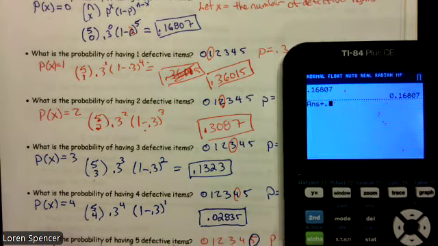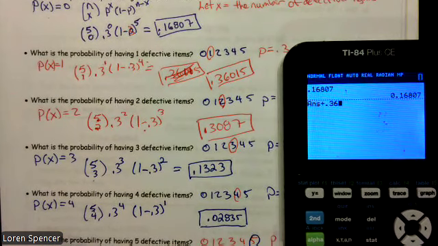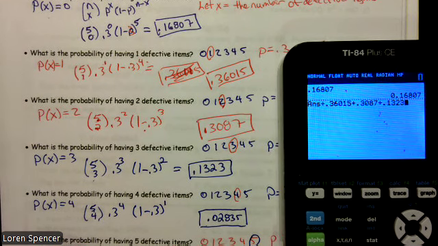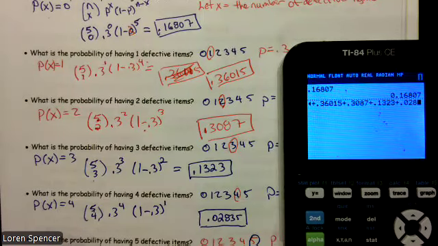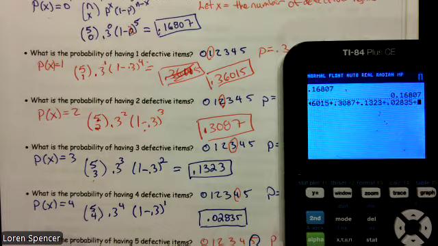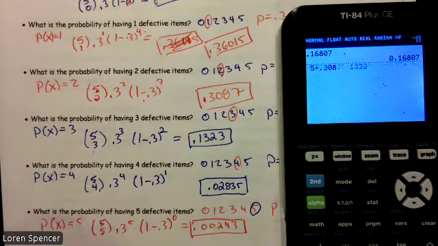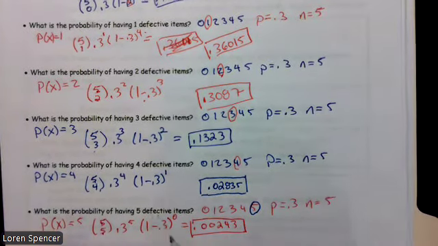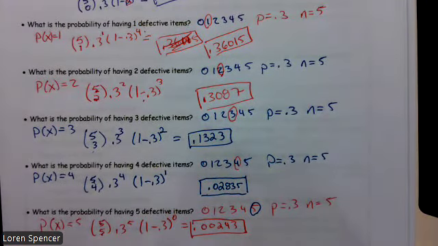Then add the second one, 0.36015, plus the next one, 0.3087, plus 0.1323, plus 0.02835, plus, and our last one, 0.00243. And I sure hope I input those right. And I did because the sum is 1. So the sum is 1 because this is a valid probability distribution.